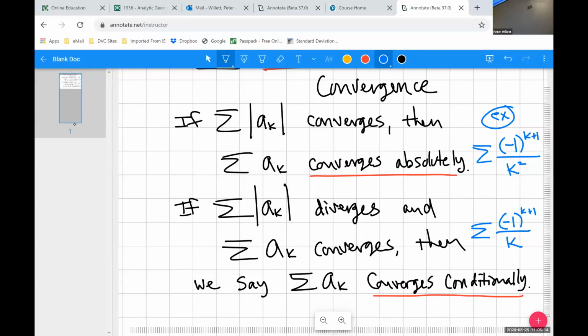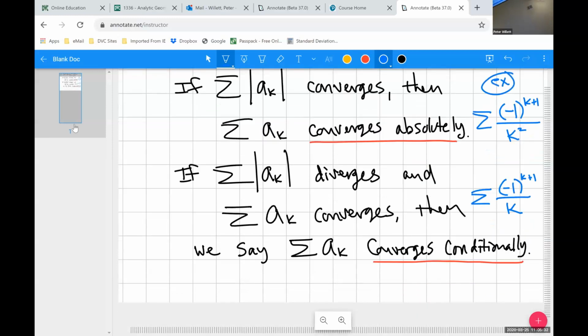But when you put the -1s on there and allow it to alternate, all of a sudden it converges. So the changing of the signs changes it from divergent into convergent. So we call that a series that converges conditionally. So, questions at all about that definition and the examples that it applies to?